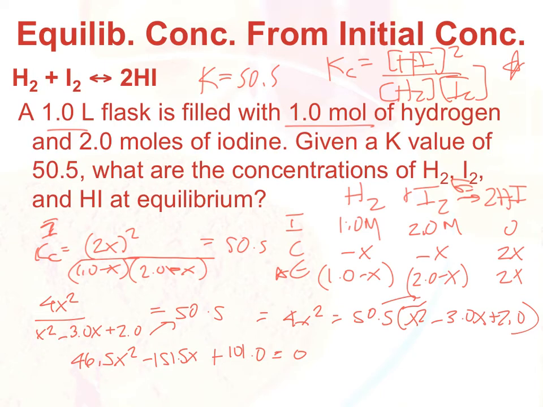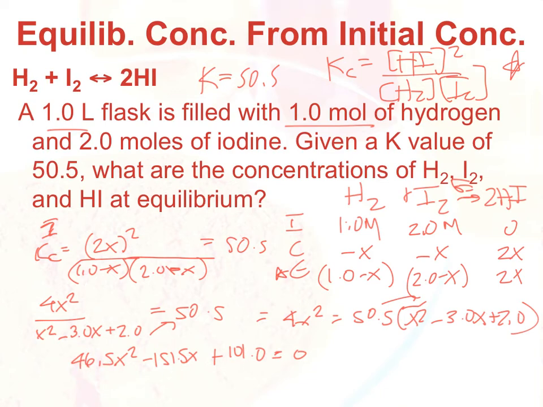Okay, so now that we have an equation, we can use the quadratic equation in order to solve for x. So x equals minus b plus or minus the square root of b squared minus 4ac, all over 2a. Remember, this right here is our a, this is our b, and this is our c.